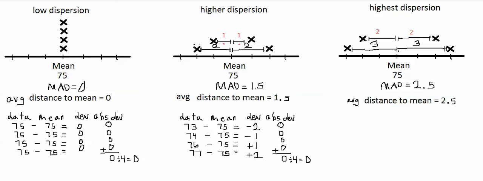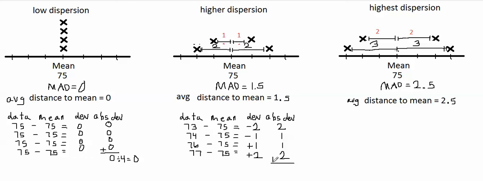So in order to get the absolute deviations down here, we would have to just take off the negative signs from the deviations and just change -2 to 2, -1 to 1, and these two stay the same. These four absolute deviations are just these four numbers that I've had up here all along.